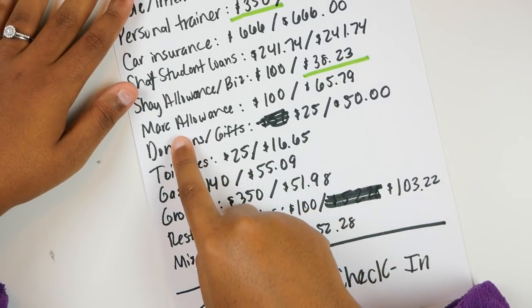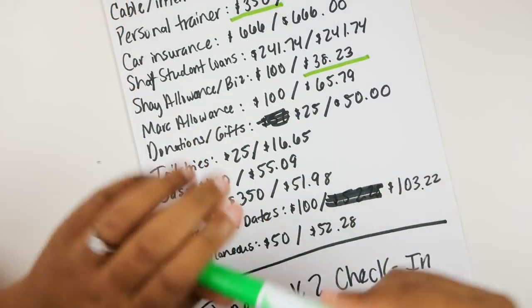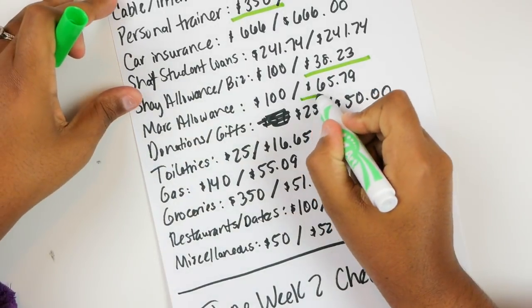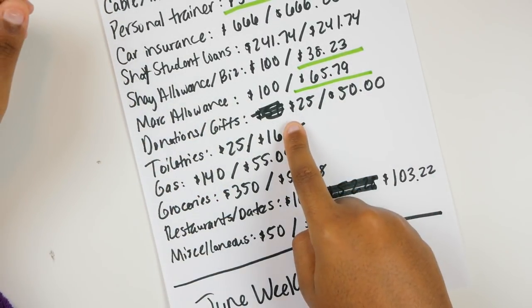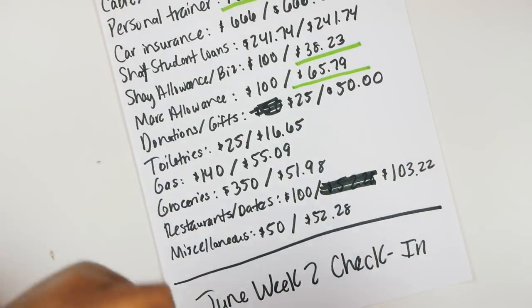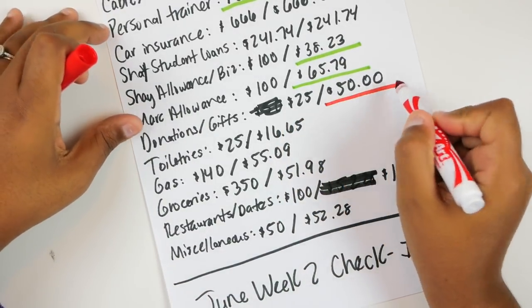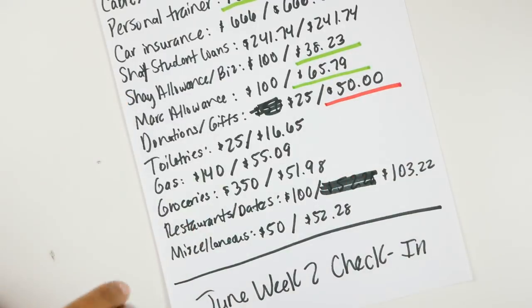My husband's allowance, we budgeted $100. He is under as well, per usual, at $65.79. Donations and gifts, we budgeted $25. We're over at $50. We're going to be over some more because we still have some random things to buy. We basically got invited to technically two baby showers.